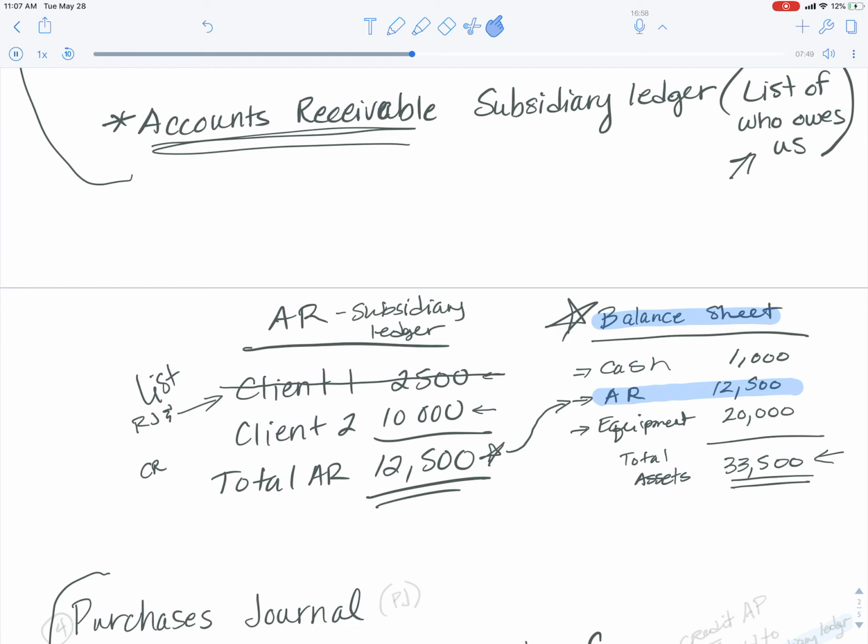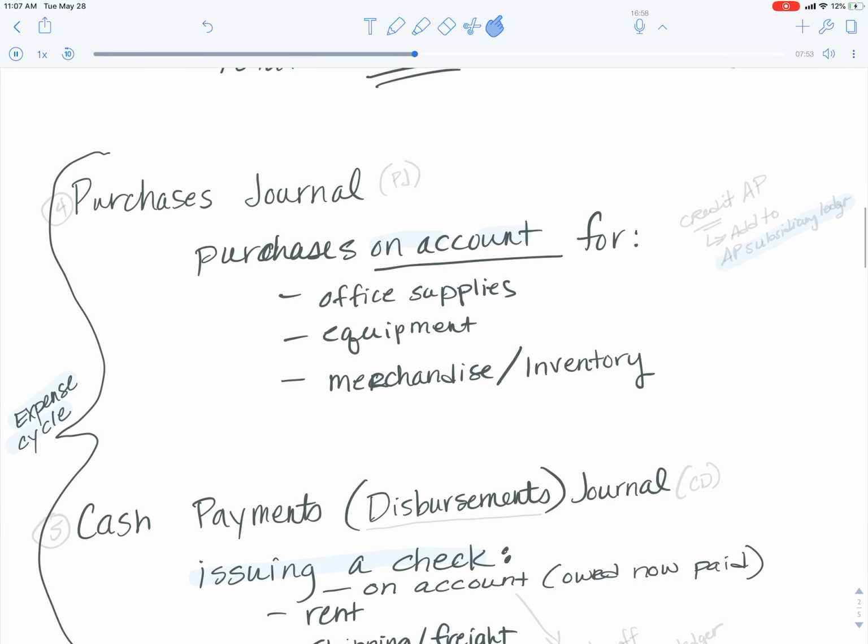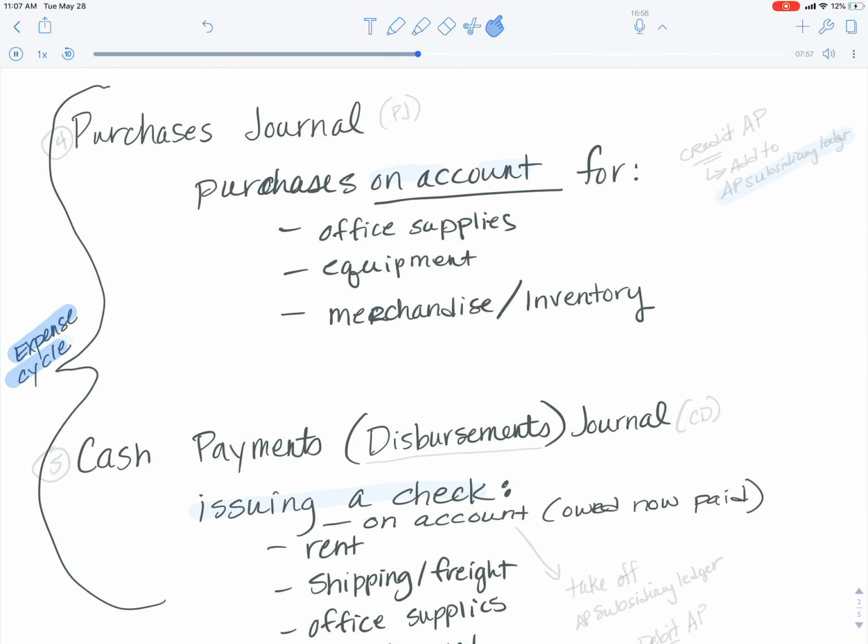So when we make purchases on account, that means we buy things, but we don't pay for them with cash yet. So we have to maintain a list of who we owe because we're probably making lots of purchases. So here we're going to credit accounts payable, and our debit is some expense account.